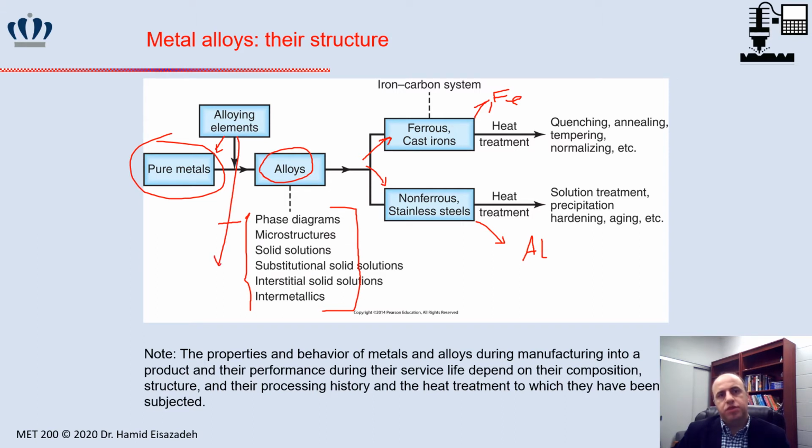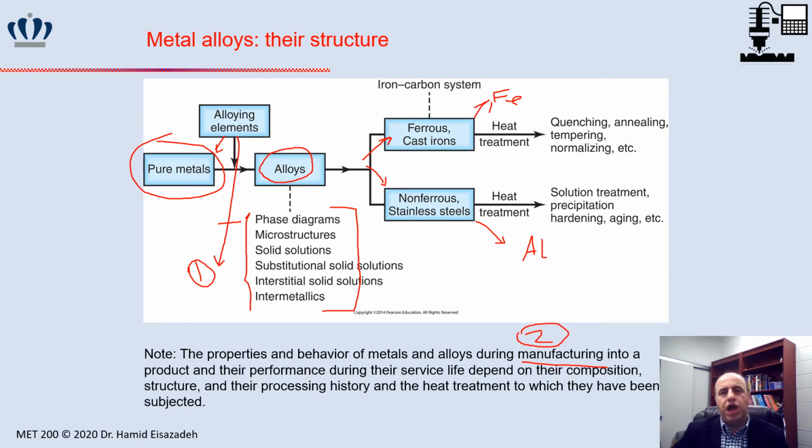The composition is one thing that affects the mechanical property. Also the manufacturing process of the product can change the mechanical property.